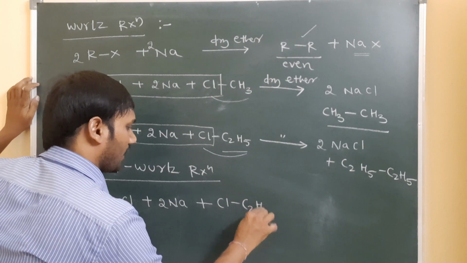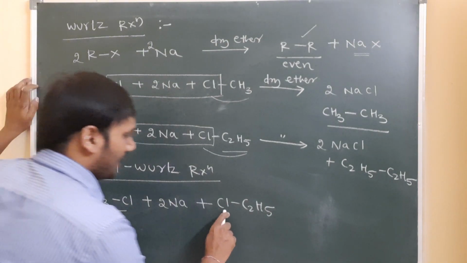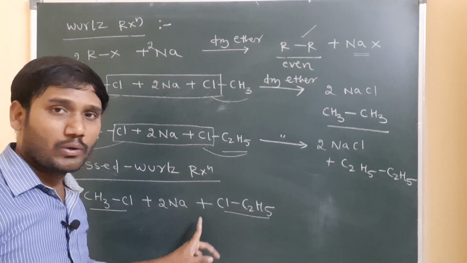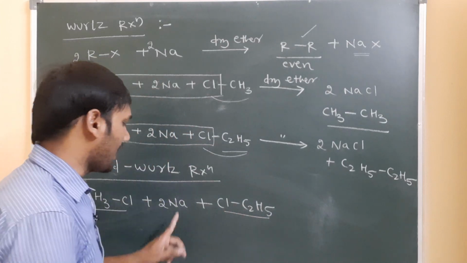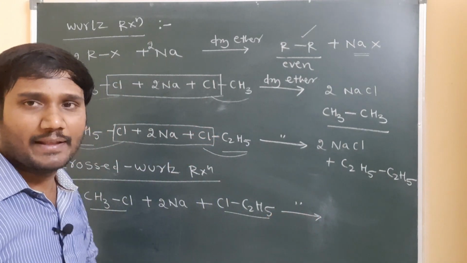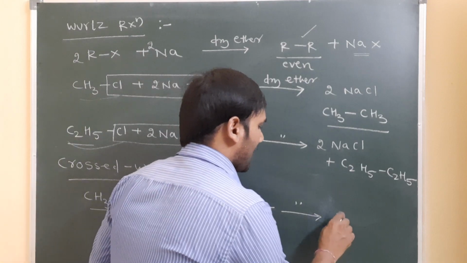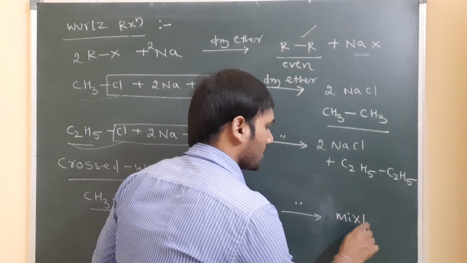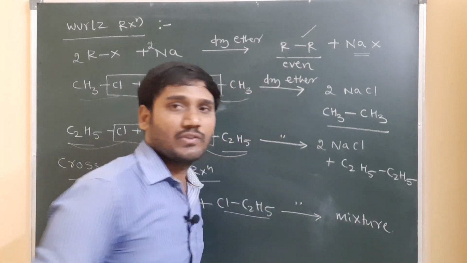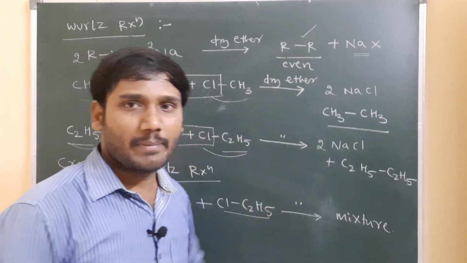This is methyl chloride, it is ethyl chloride. When 2 different alkyl halides react with sodium metal in the presence of dry ether, at that time the product is formed as a mixture. A mixture is formed as the product.